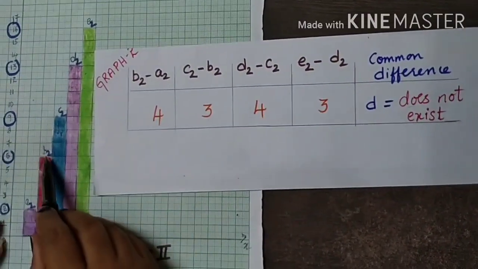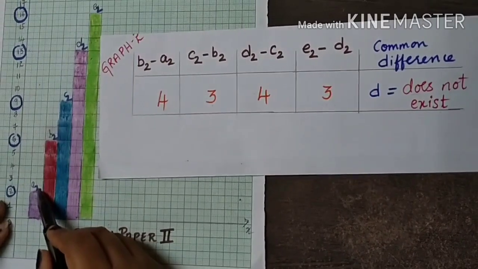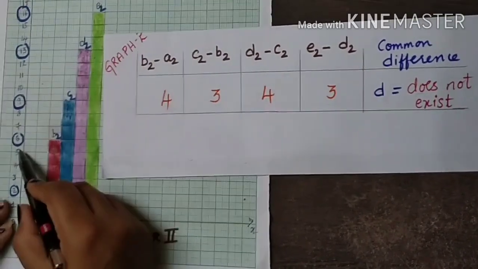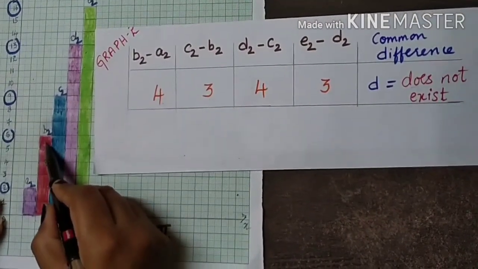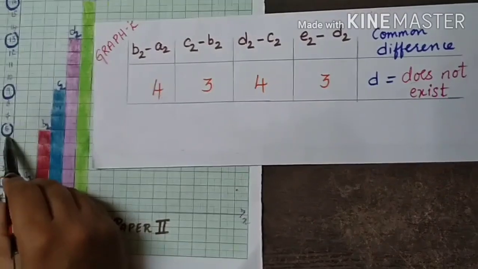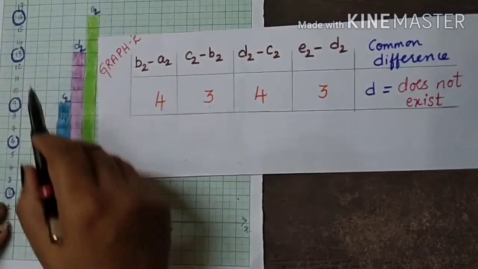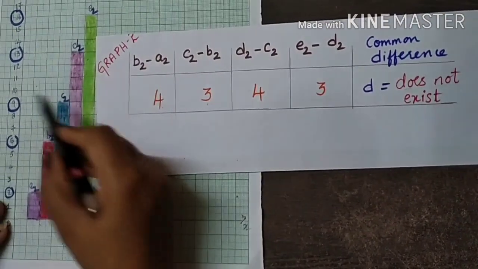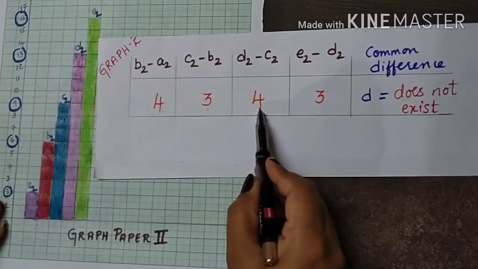Here, the difference between the second term and the first term, B2 minus A2, 6 minus 2 is giving us 4 units. And then C2 minus B2, 9 minus 6 gives us 3 units difference. D2 minus C2, 13 minus 9 gives us difference 4 units.